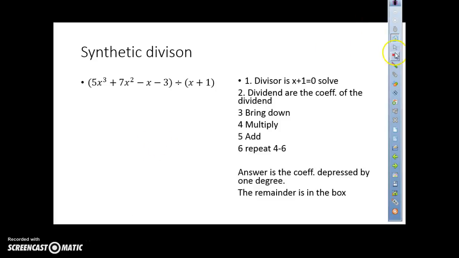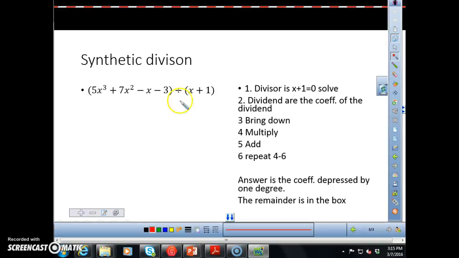All right, if we want to do synthetic division, we're going to look at the divisor. Which one of these do you think is the divisor? You have to write it down. So if x plus 1 equals 0, x would need to equal negative 1.